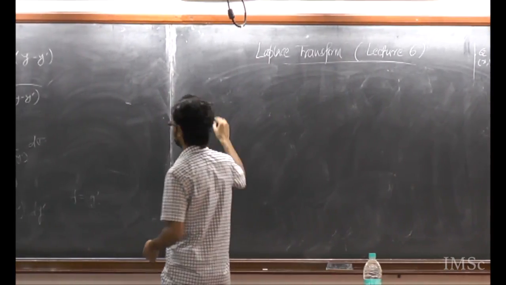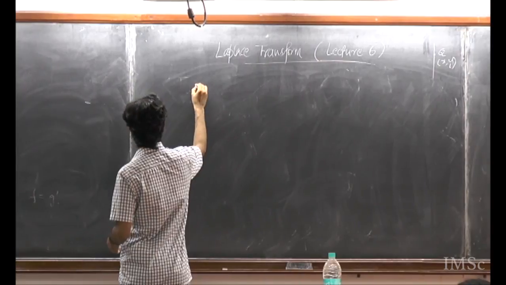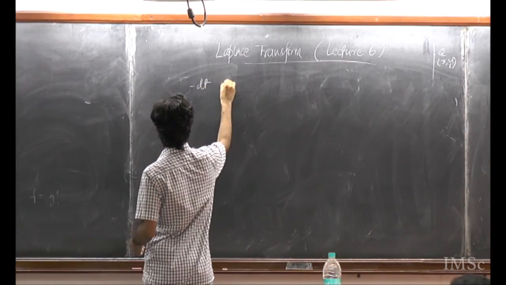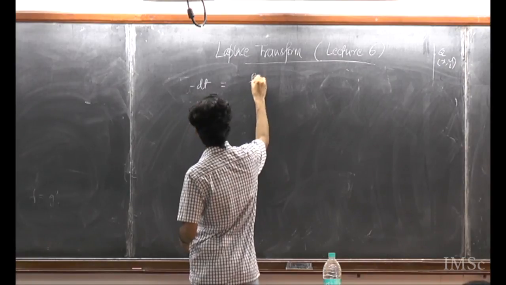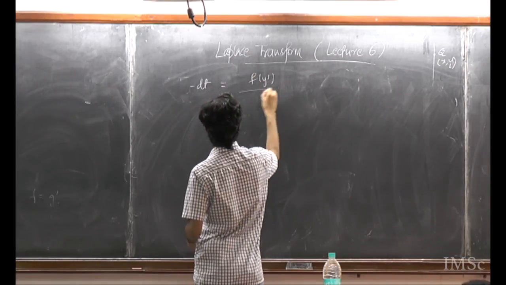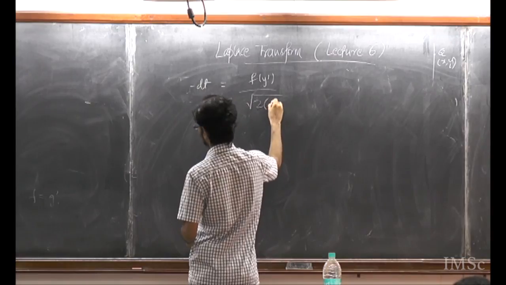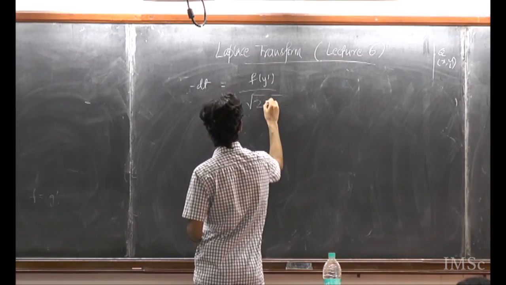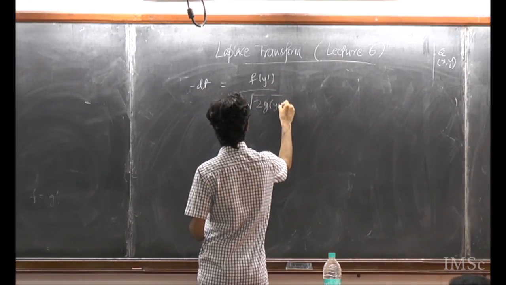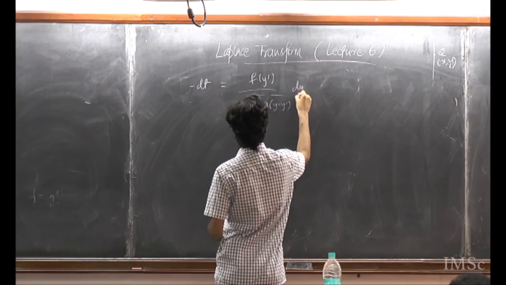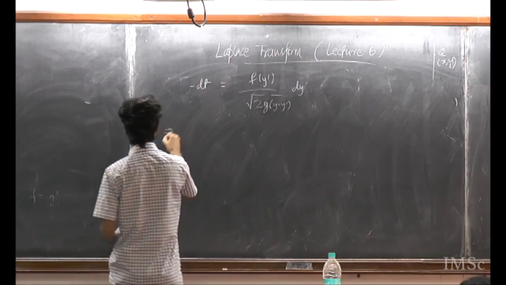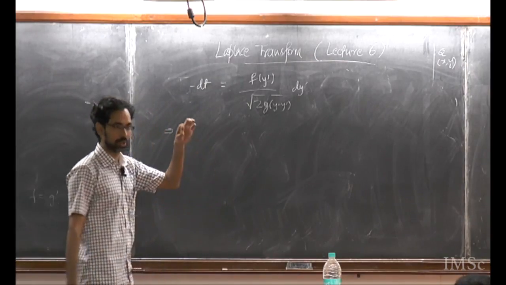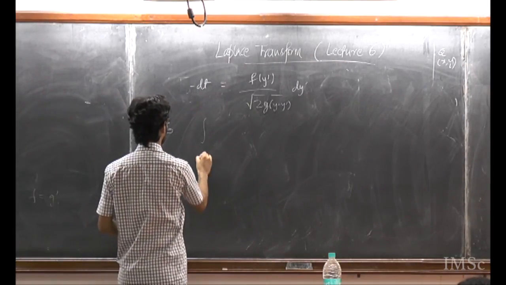So we substitute it here. So you get minus dt equals f of y prime over root 2g (y minus y prime) dy prime. Time starts from 0 to t.